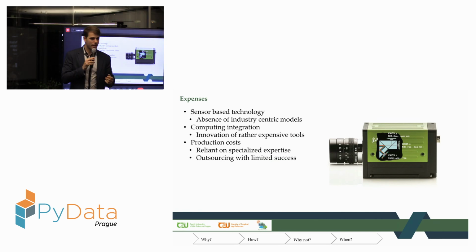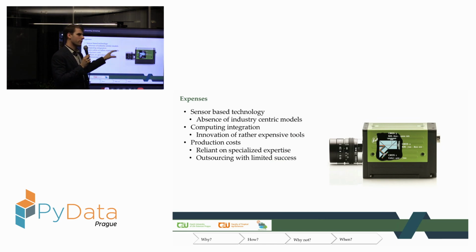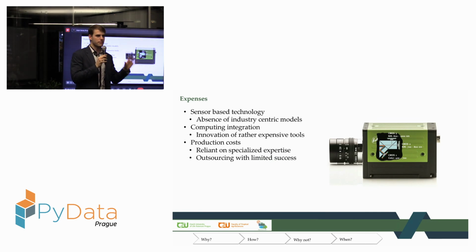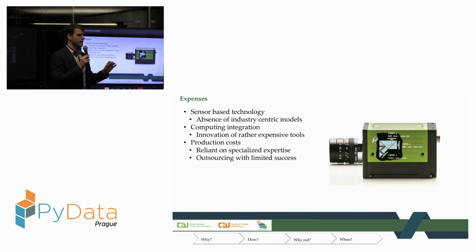Then there's the absence of industry-centric models, because even this camera, it's nice, it does the job, but it's made for industry. It's made for clean environments within factories, for conveyor belts, which have the same lighting and stable temperatures. But then you throw it outside on a field. It's not resilient to dust.